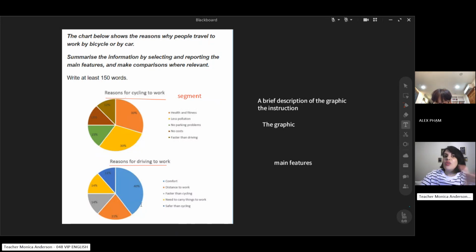Because we need to write overview about main features. So body paragraphs are about main features. So first of all, we need to find and then write. So do you remember in line graph, when we actually discussed main features, what we meant? How did we find main features?